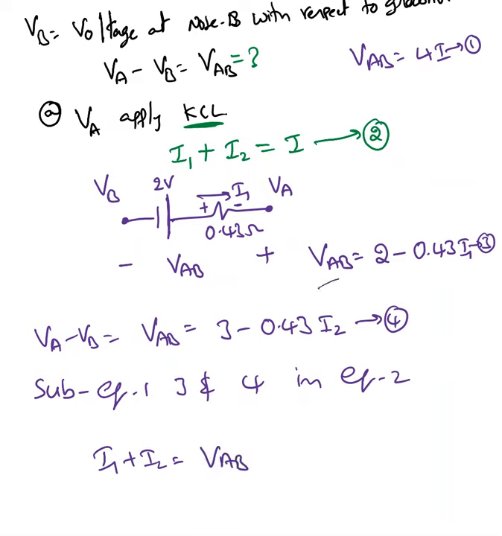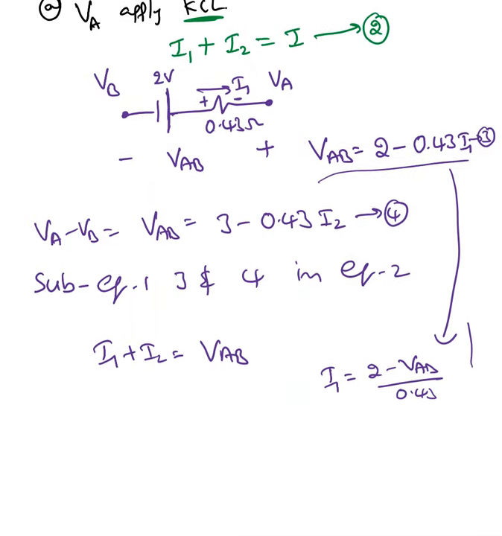Now can I write I1 from here? I1 equals 2 minus VAB over 0.43. And the same way I2 equals 3 minus VAB over 0.43.